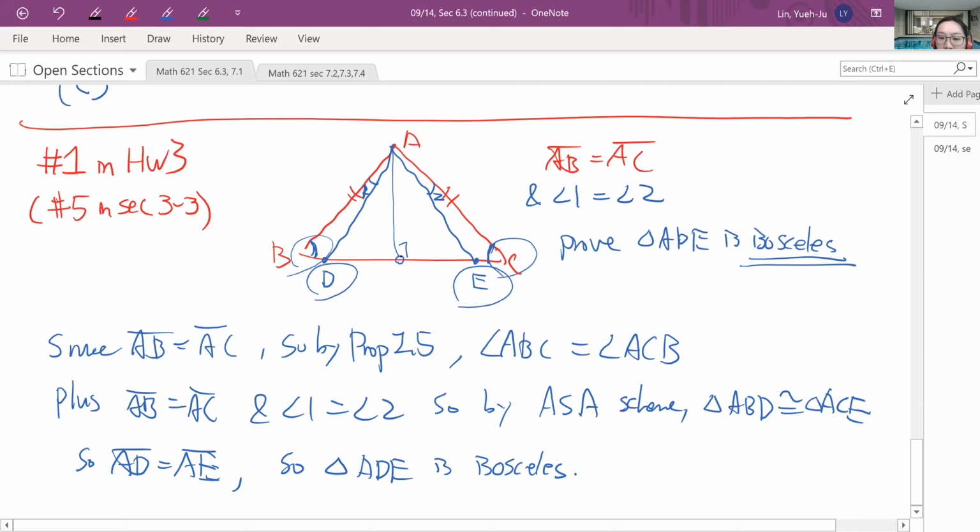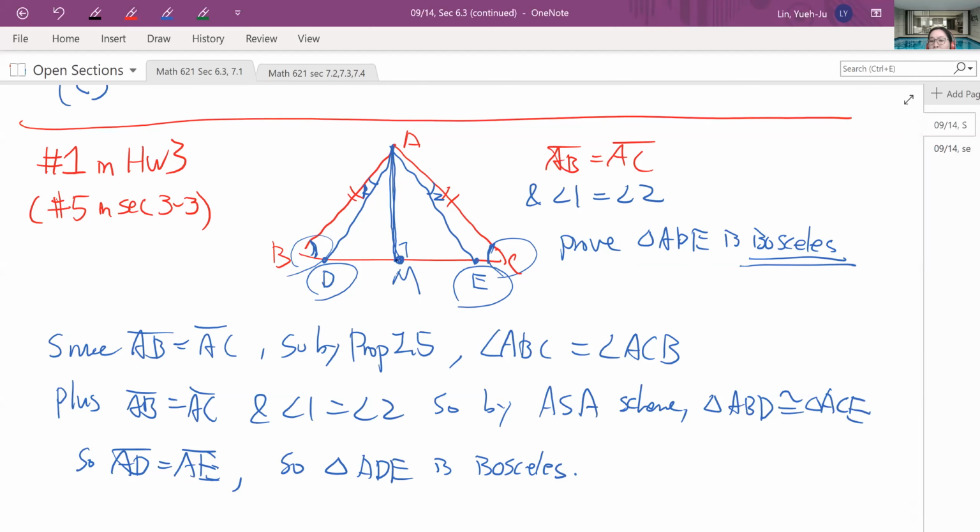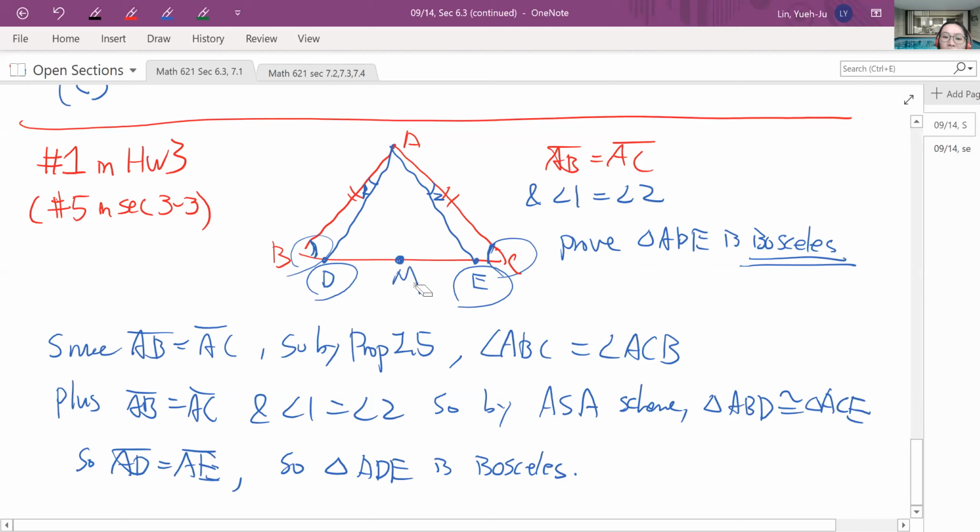If you pick the midpoint, you need to justify, I think with theorem 3.5 we proved before, why when you connect A and M, it happens to be perpendicular. If you do this kind of extra or detour method, you want to be careful, but actually you don't need it. The only information you need is on the picture here.